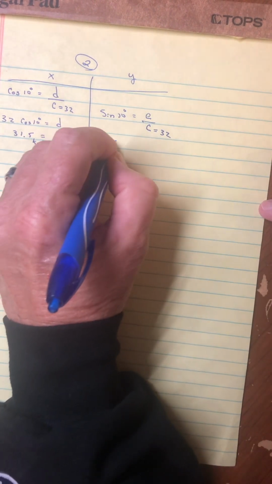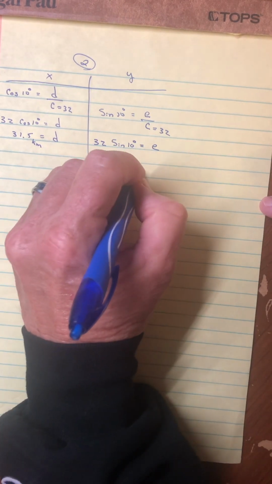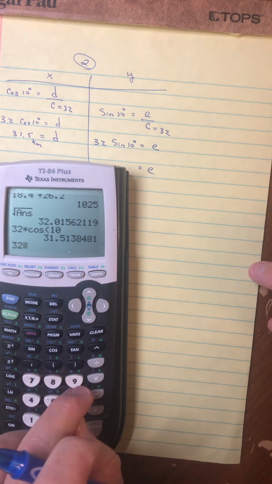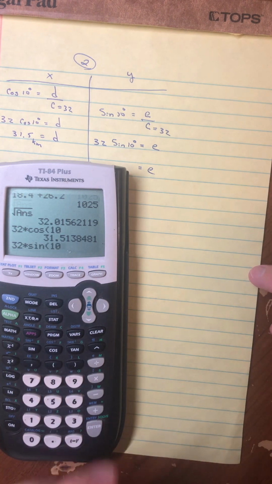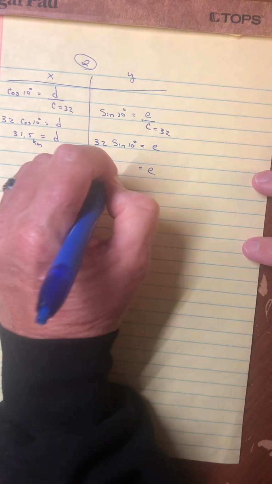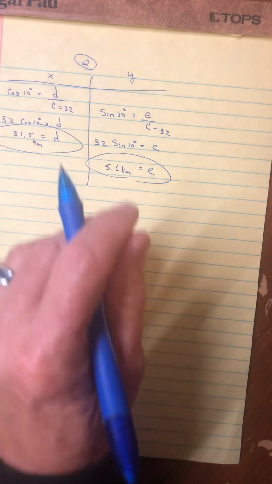So this would be 32 times the sine of 10 degrees is equal to E. And then E is not going to be too much of a distance, because sine of 10 is pretty small. And so I'll call it 5.6 kilometers. And so there's our two distances.